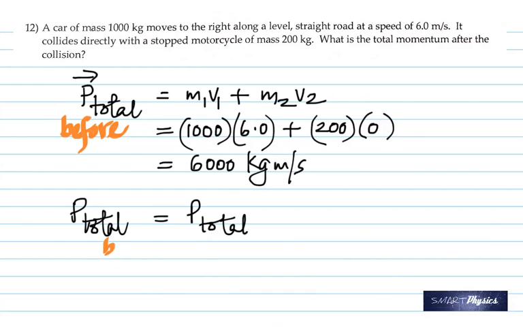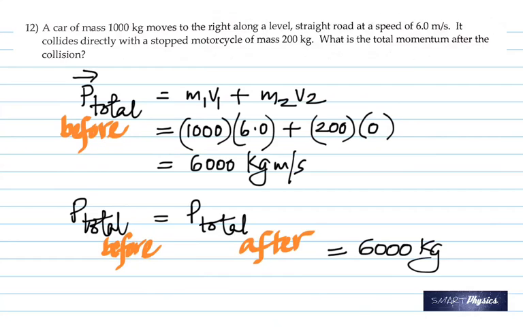But the total momentum before and after are equal. Therefore, this is going to be the total momentum after the collision. And the direction is going to be to the right.